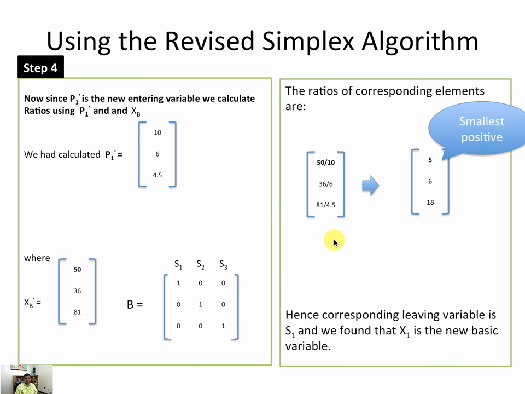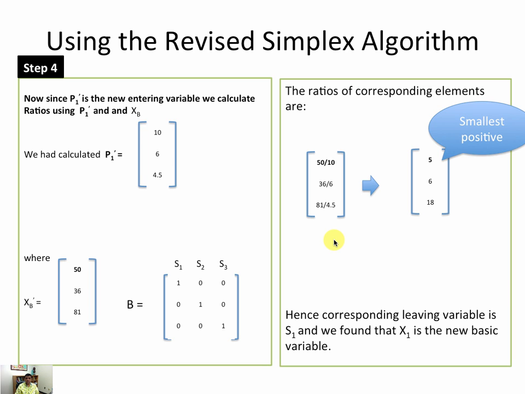The method of identifying the exiting variable will be the same as in the Tableau method of simplex, where we calculate the ratio of the right hand side value to the selected pivot column. In this case we find the ratio of XB prime to the selected column of the new entering variable, which is P1 prime.